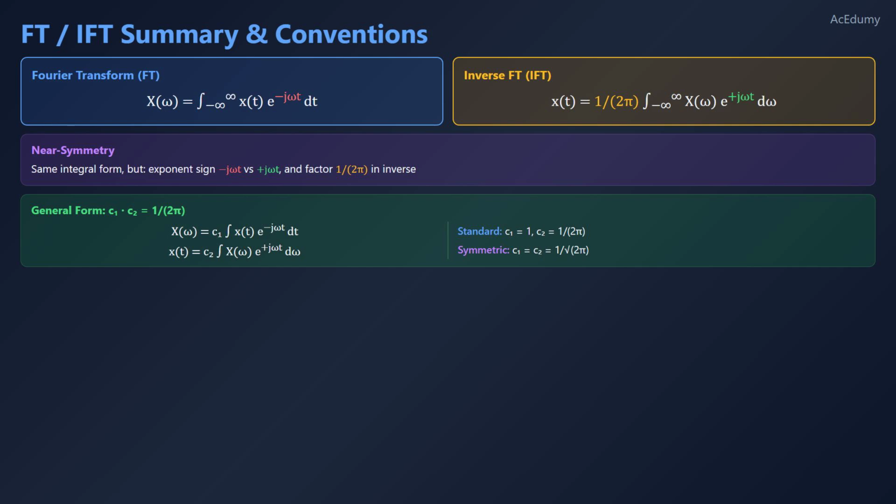Our convention uses c1 equals 1 and c2 equals 1 over 2π. Another popular choice is the symmetric form, where both constants equal 1 over the square root of 2π. Regardless of convention, the Fourier transform extends frequency analysis from periodic signals to aperiodic signals.